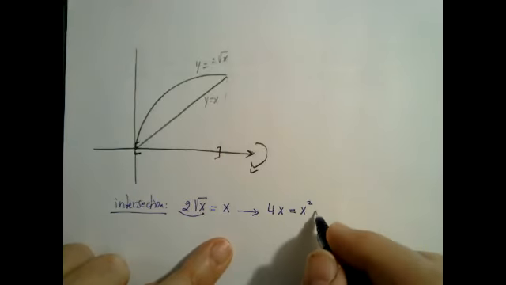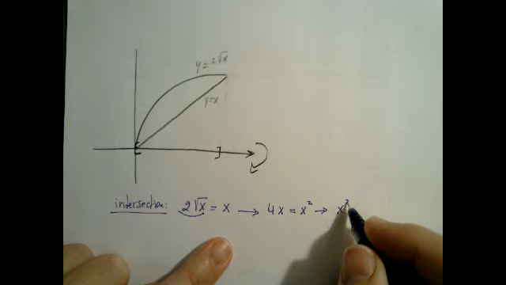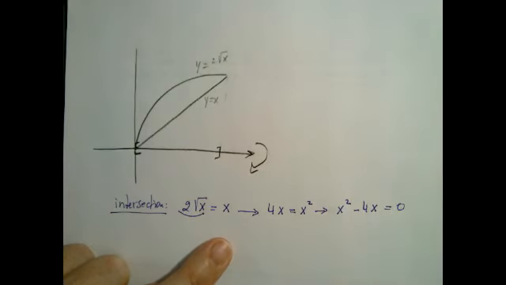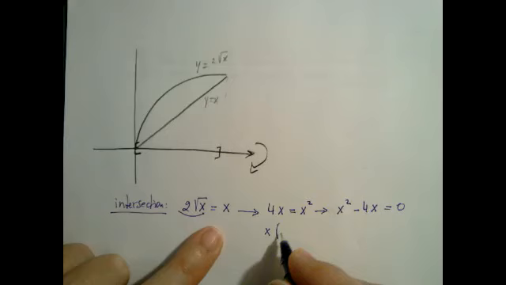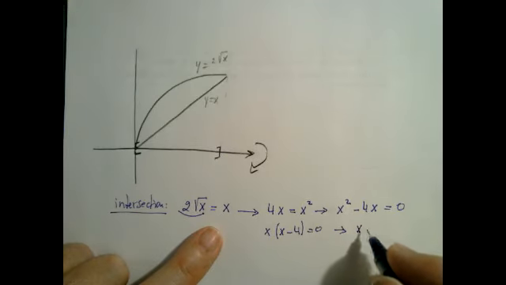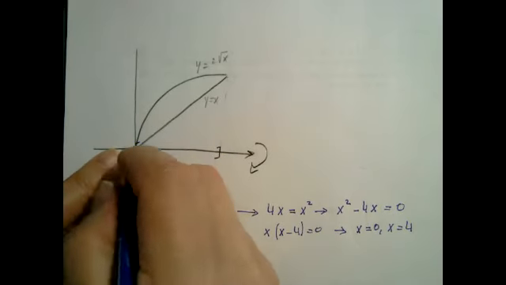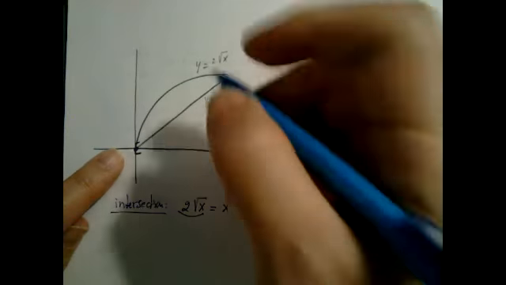Now I rewrite it as x squared minus 4x equals 0 and factor out my x. Be very careful: a lot of you picked up the answer from the calculator but couldn't do it algebraically, and we should. x equals 0 and x equals 4.